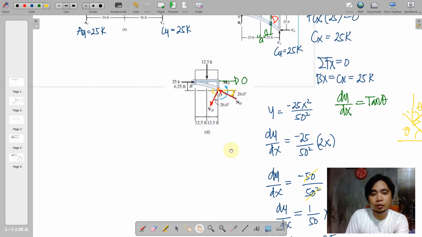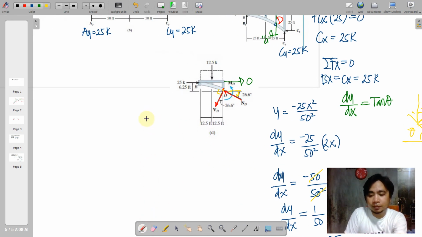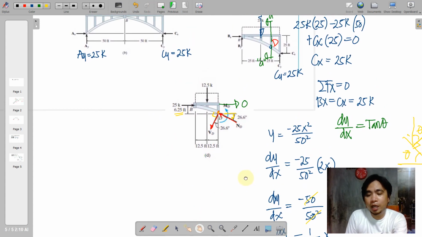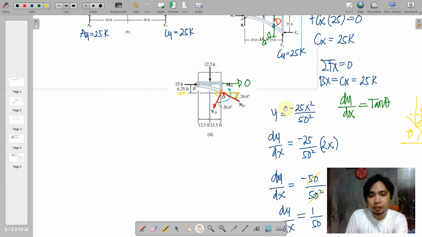So working with the unknowns, we'll just have to apply the three equilibrium equations, and the moment at D. However, where 6.25 came from here, we'll just have to go back to the y equation. So this is the y equation, okay? And then what is your x, where your height is unknown.